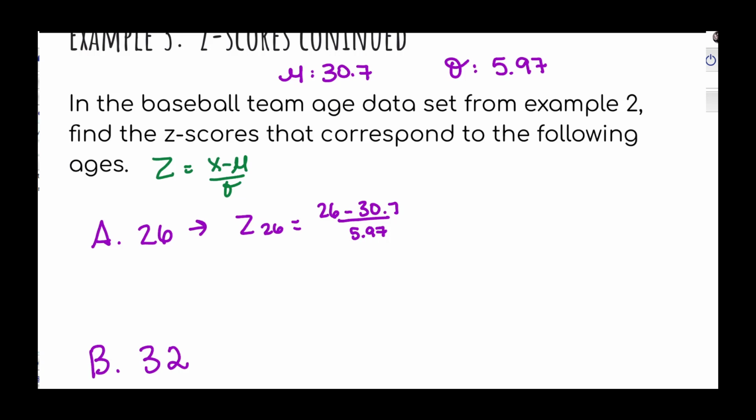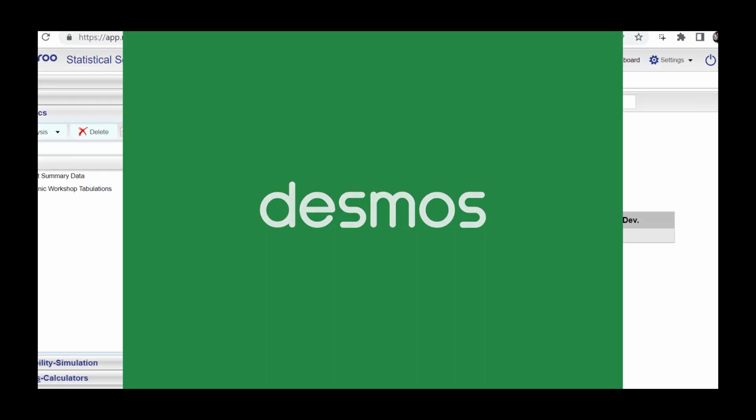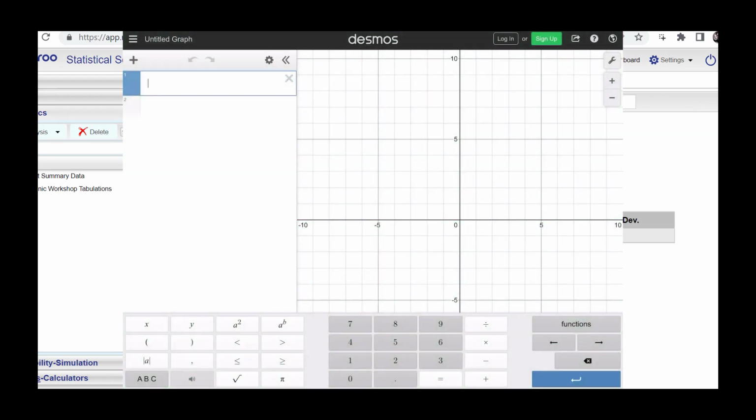If you wanted to use a calculator, let me pull up Desmos and show you how you would use that. If you do 26 minus 30.7, and then divided by 5.97, you can see hopefully that it's only dividing the 30.7 by the 5.97.